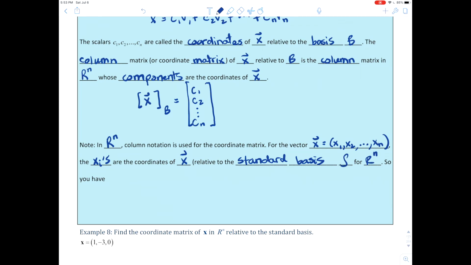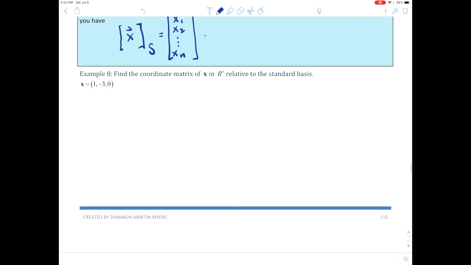So the coordinate matrix of X relative to the standard basis S would just equal the xi's: x1, x2, all the way down to xn. Cool, cool?